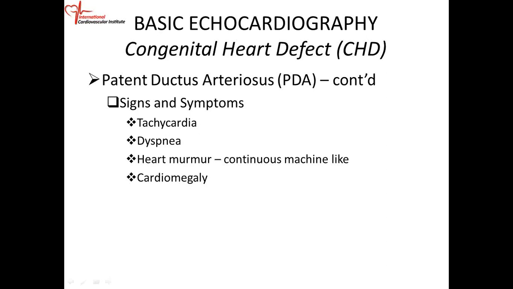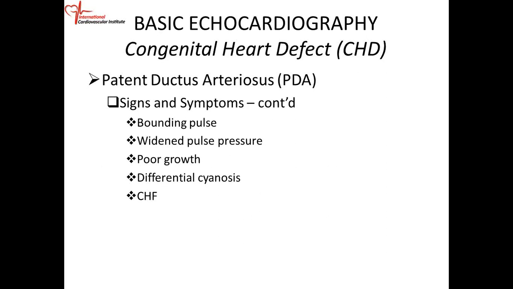Okay. You get cardiomegaly. Usually with a PDA, you get left-sided enlargement, which is different from your ASD, where you get right-sided enlargement. With VSD and a PDA, you get left-sided enlargement.